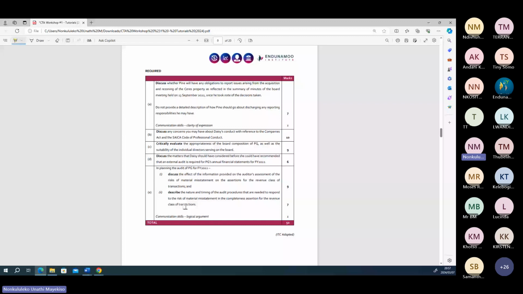Do we agree? Do we disagree? Can you please repeat the timing part? I didn't really understand that. So timing refers to when you do your testing, right? According to the ISA, it's possible for you to do interim testing as well as year-end testing. Interim testing is normally done during the year, right? So remember, we would have drawn a timeline because I said the timeline would be important. And it looks like the planning only started in December, which was 2 months after year end.